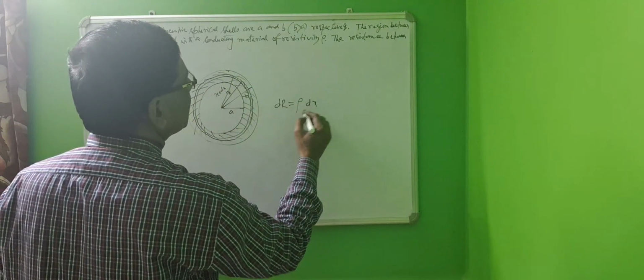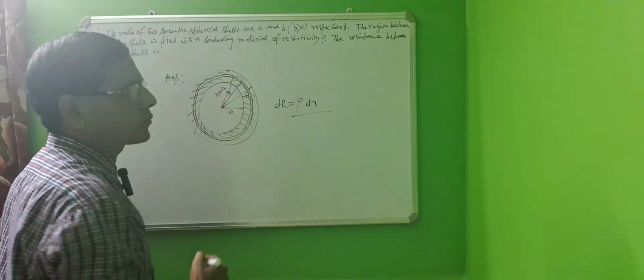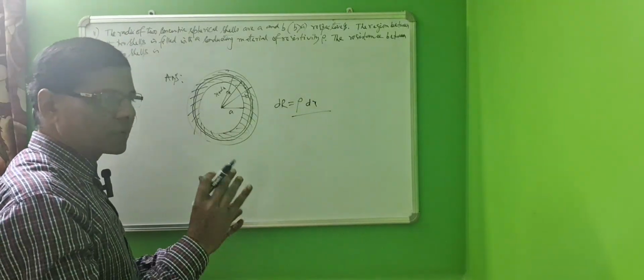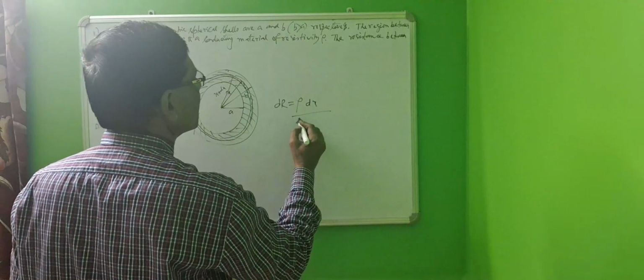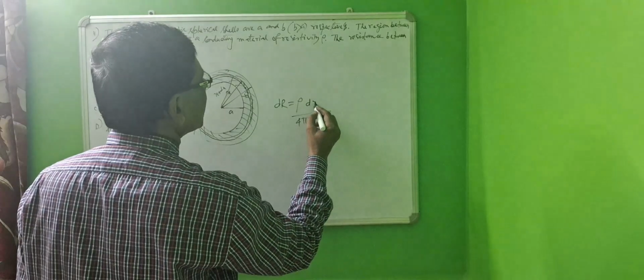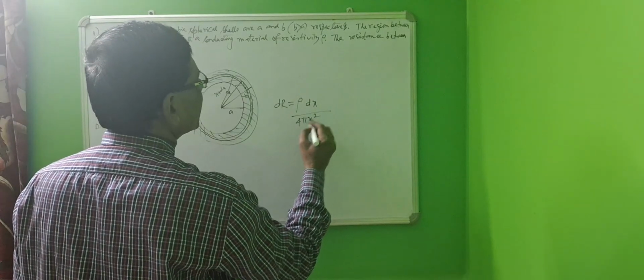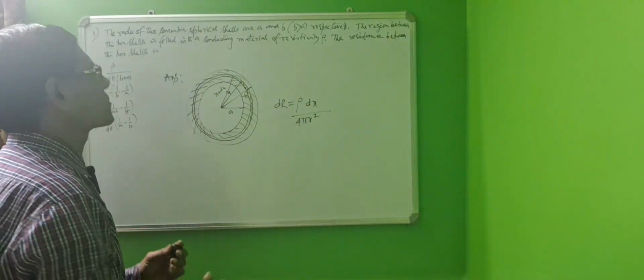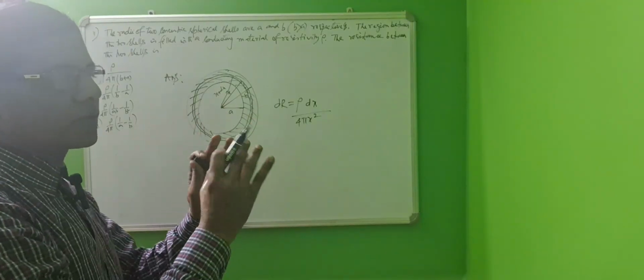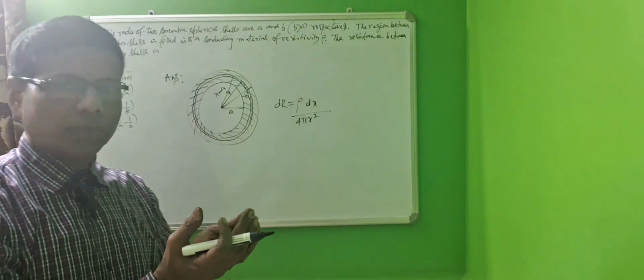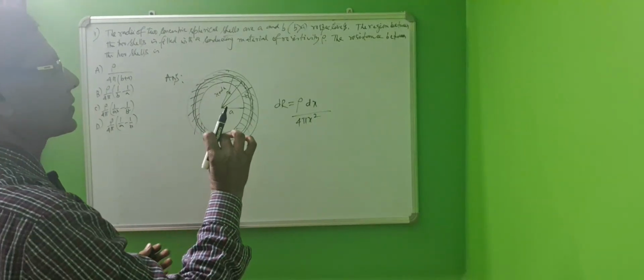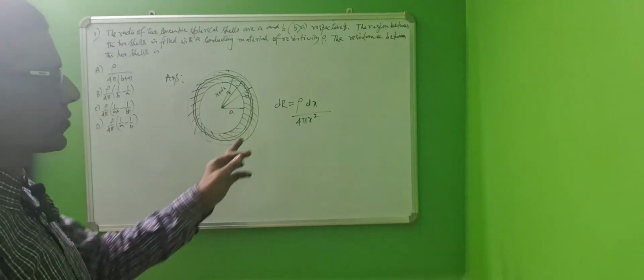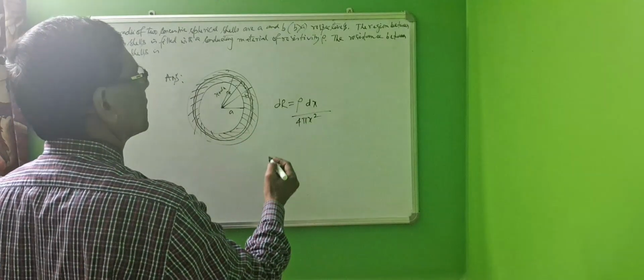Length is dx, and the cross-sectional area of the cell equals 4 pi x square, because the cell has surface area 4 pi x square and the length is dx. So dR equals rho dx upon 4 pi x square.